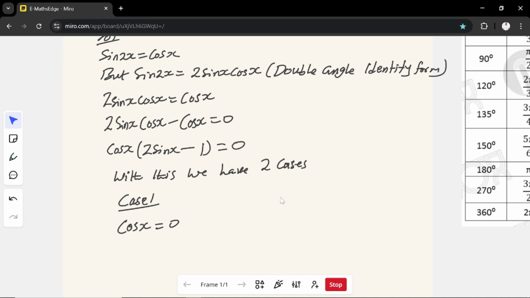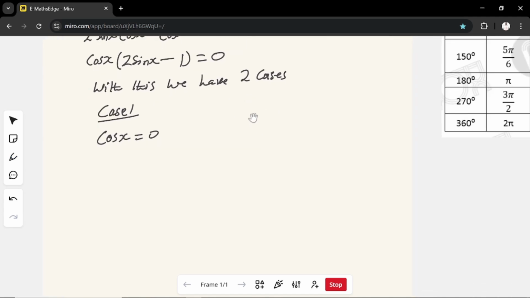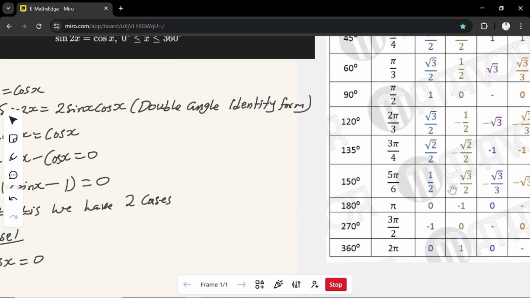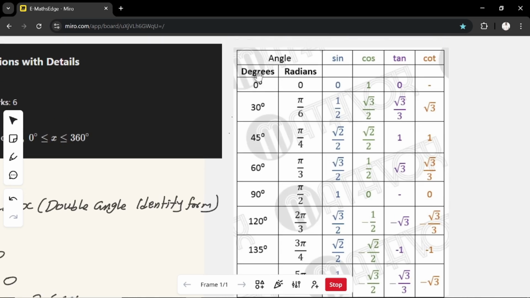Now, what we are simply going to do is to obtain the value of x when cos x is equal to 0. And how do you do that? You go to your trigonometry table. In your trigonometry table, we have the angles in degrees, we have the angles in radians, and we have the sines, cos, tan, and cot. So from here, you will be able to obtain the value of x in degrees.